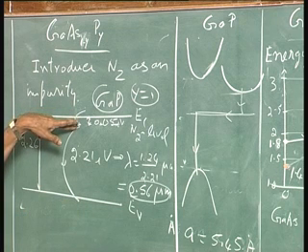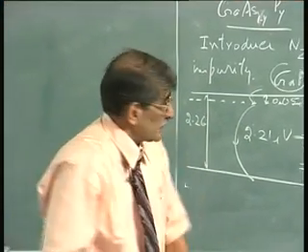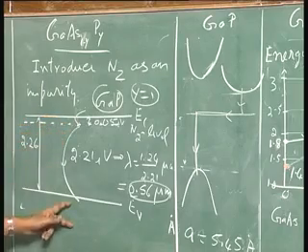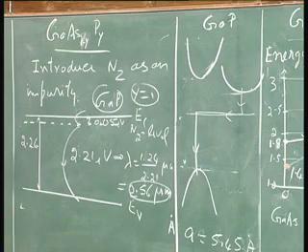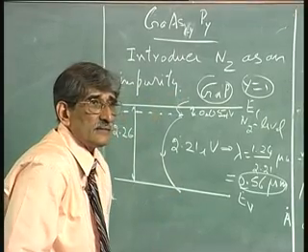In fact, very high quantum efficiencies can be obtained. That is, for each electron making a transition, you can get light emitted. So, you can get a wavelength corresponding to that, which is green.